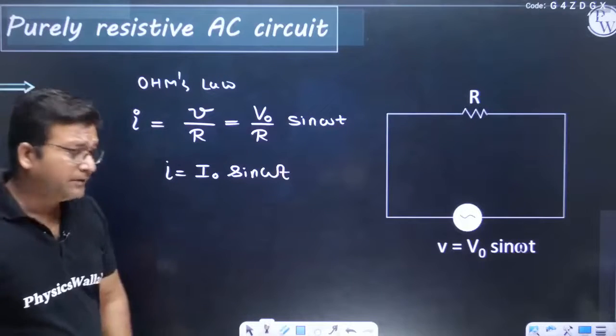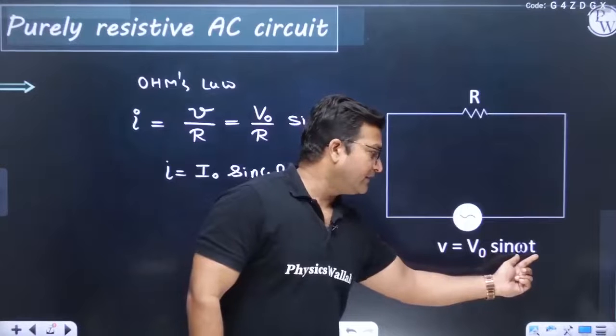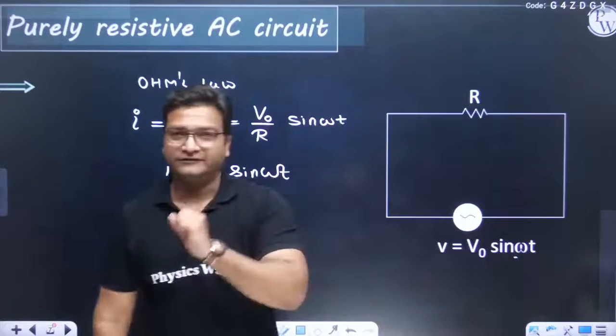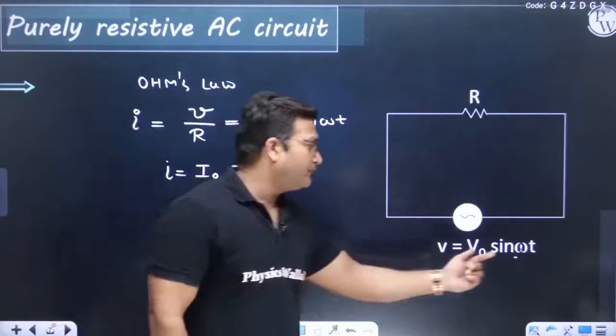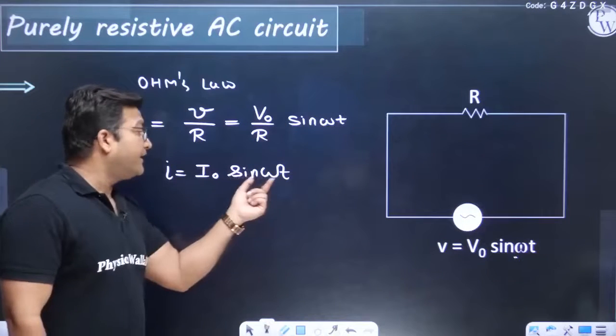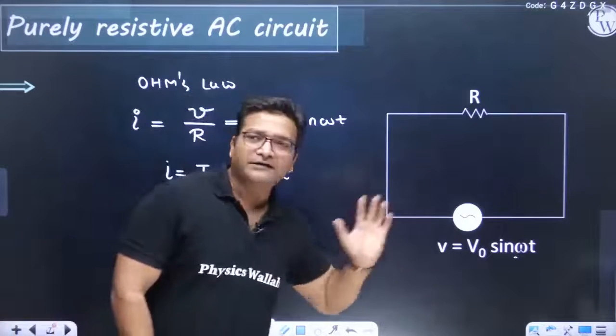I think you remember this thing after sine, that is omega t, is called the phase of the quantity. If you check the phase of voltage, it is omega t, and the phase of current is also omega t. Both functions are the same.